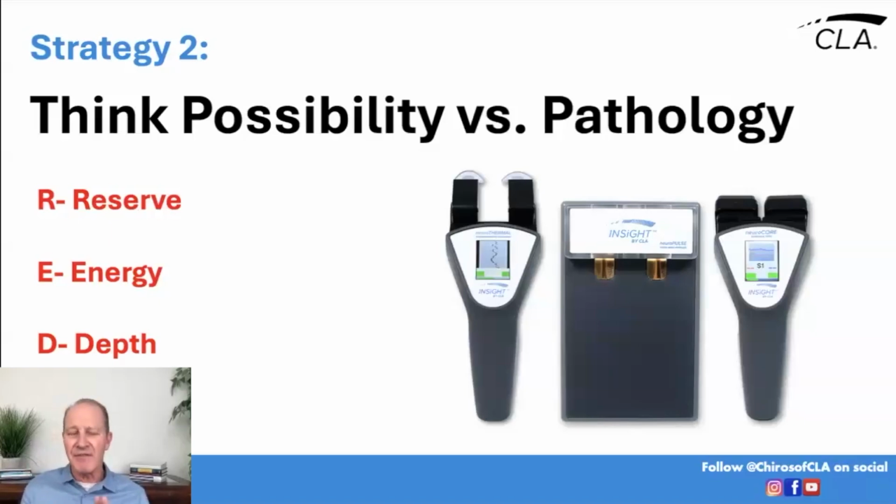And so we created a very simple dialogue for you to organize your thinking around exactly what we want you to focus on chiropractically. We made it so simple, we created an acronym called RED. R stands for resiliency and reserve. E stands for energy and exhaustion. And D stands for depth.